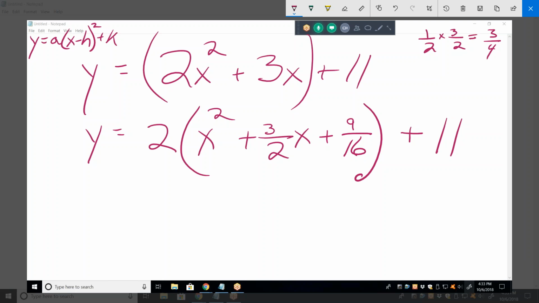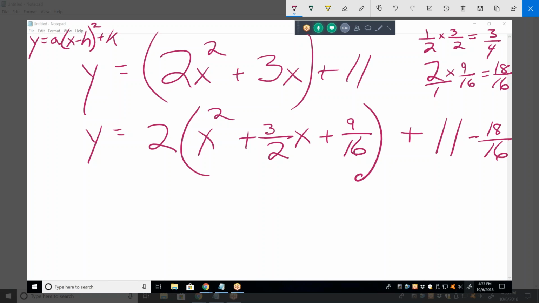So you got to be able to do this multiplication. 18 over 16. When you multiply a whole number by a fraction, you just multiply the numerators. That 2 is 2 over 1. So you get 18 over 16. So that's what I added, which means that's what I have to subtract in order to balance it.